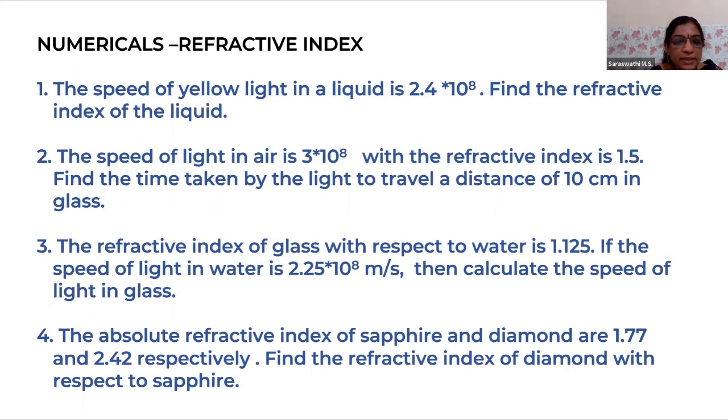So when you are comparing the absolute refractive index of two different media, it will be in the same order. What is it for diamond? It is 2.42 divided by 1.77. Understood? So when you're comparing velocities, it will be the reverse. But when you're comparing the refractive index, it should be in the same order. Clear? So it will be 2.42 divided by 1.77.